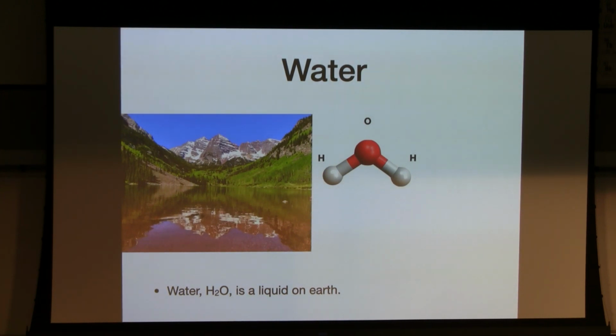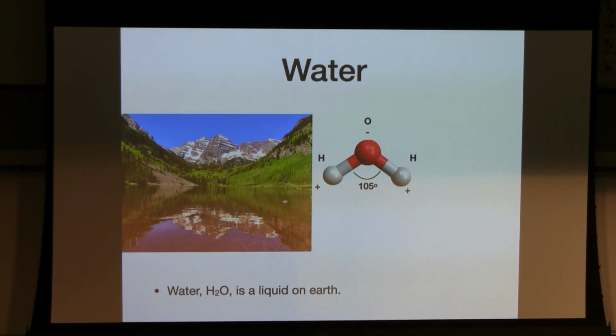This means that the water molecule, which is bent at about 105 degrees, is accordingly polar. So one end of it is positive, the other end of it is negative. The hydrogens are more positive, the oxygen is more negative. And that's very important because it's a very light molecule.